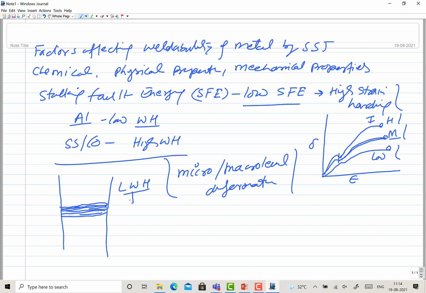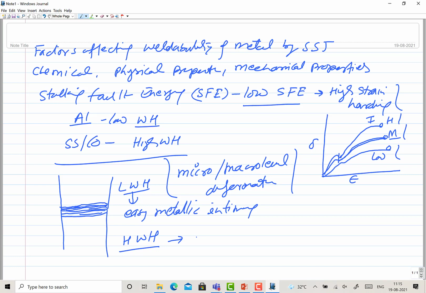So the low work hardening metals will allow easy metallic intimacy under identical conditions of external pressure as compared to those which have the high work hardening tendency. High work hardening tendency means you apply little load beyond the yield point, and as soon as the metal gets deformed, it gets hardened and resists further deformation.